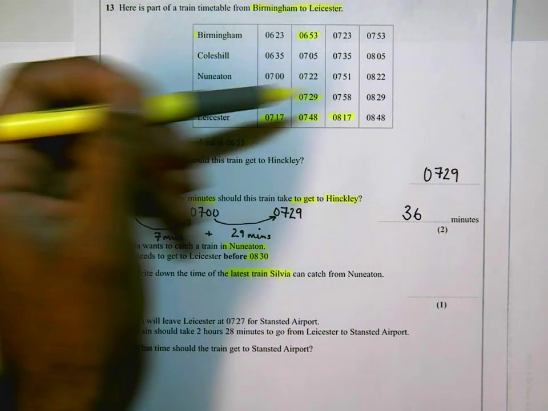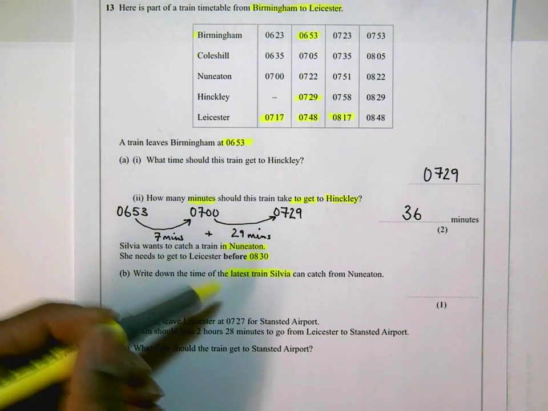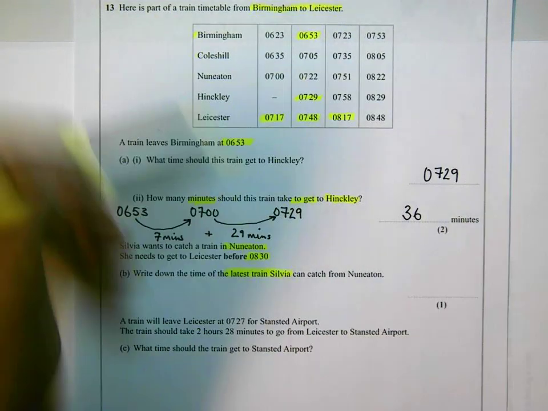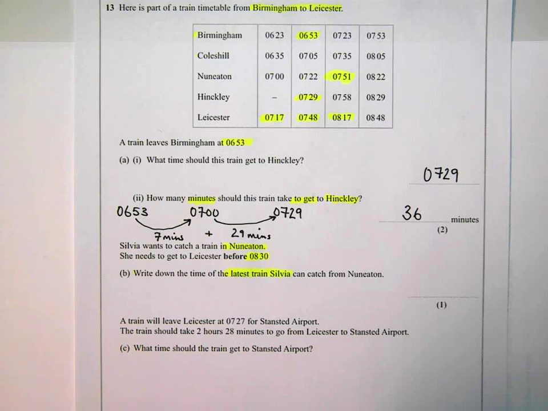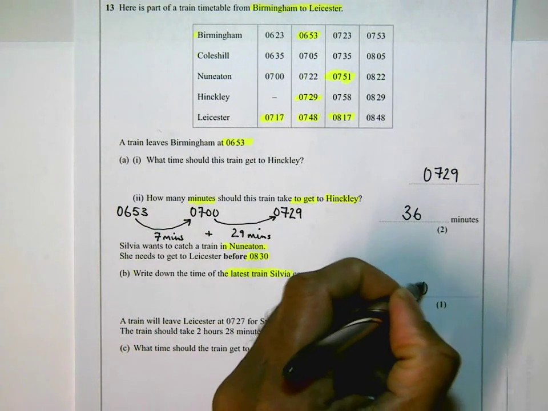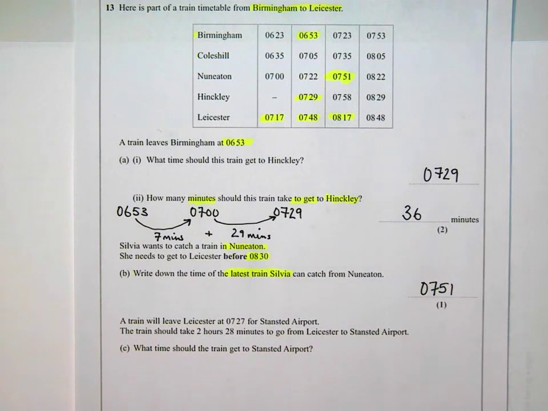And in each case, she'll get there before 8:30. But they want to know what the latest train she could catch is. And that's going to be the 7:51 train. So put that in your answer: 0751. The 7:51 train would get her to Leicester at 8:17, which is before 8:30.